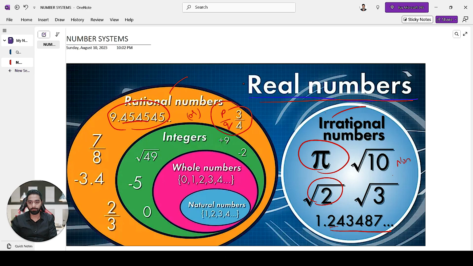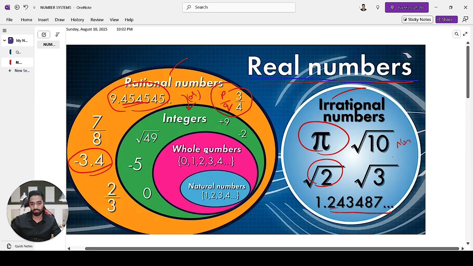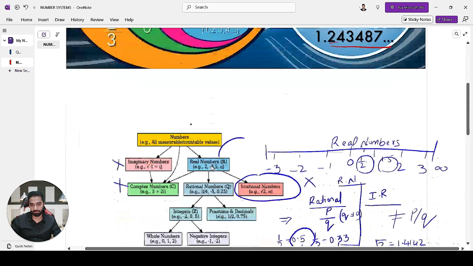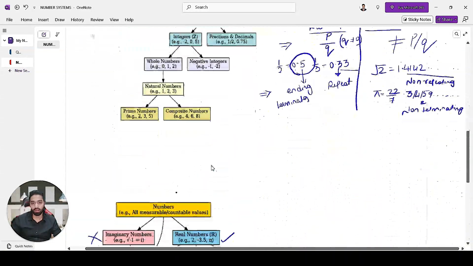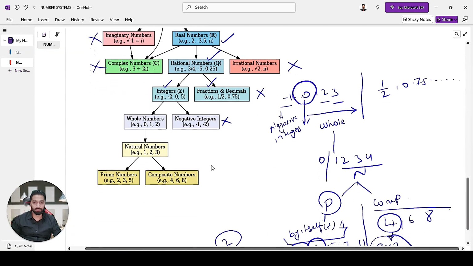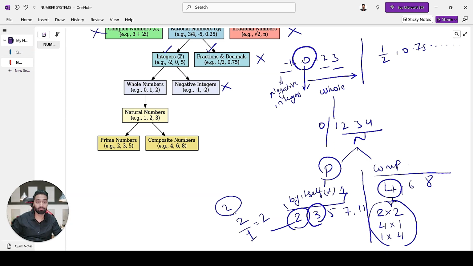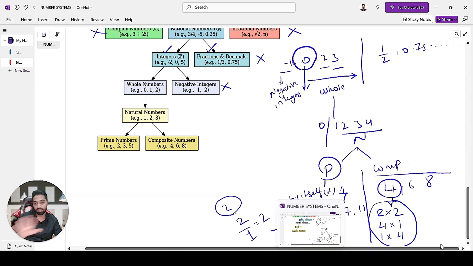Here, the pattern repeats, and we have an end to a decimal. Clear? Within rational numbers, we have integers. Within integers, we have whole numbers. Within whole numbers, we have natural numbers. Okay, clear? That's it. I'm not going to take more now. Everything is covered.